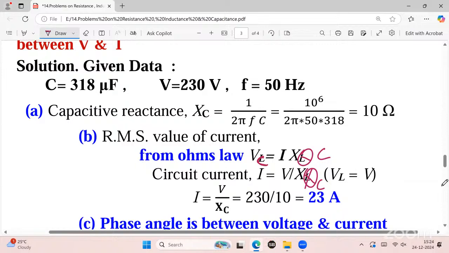VL is equal to V if it is a pure inductance. I'm talking about the capacitance here, so VC is equal to V. We can write it, not to worry.